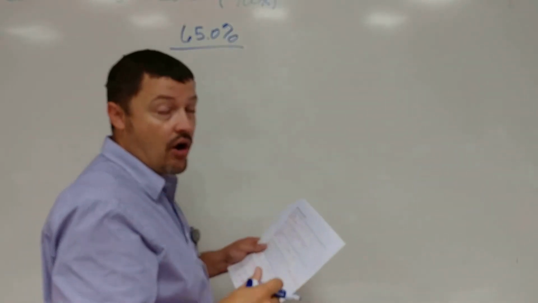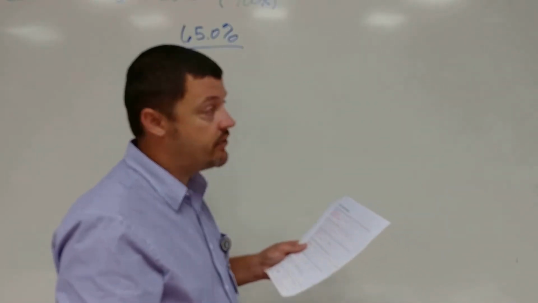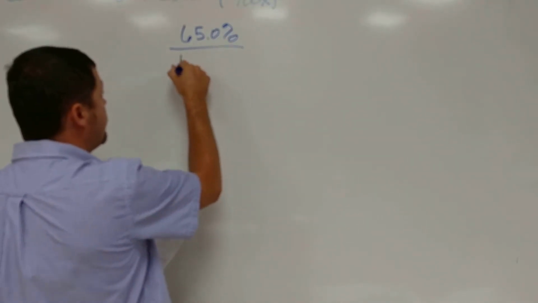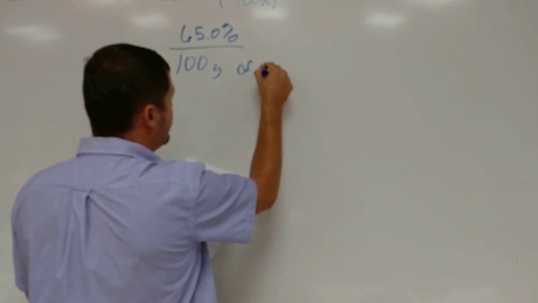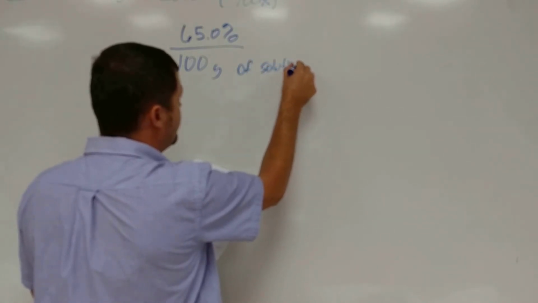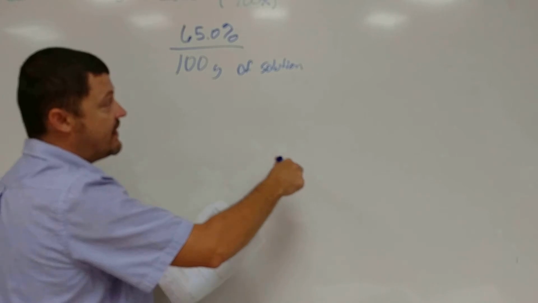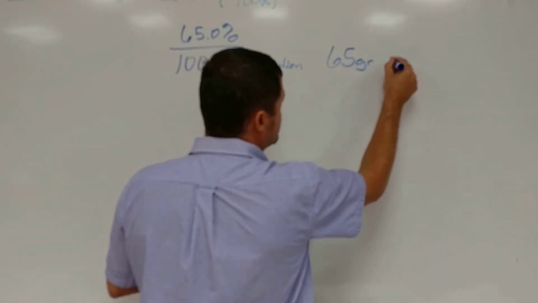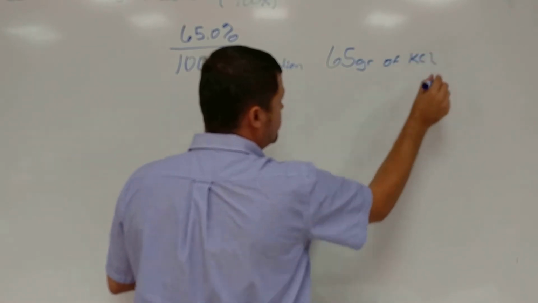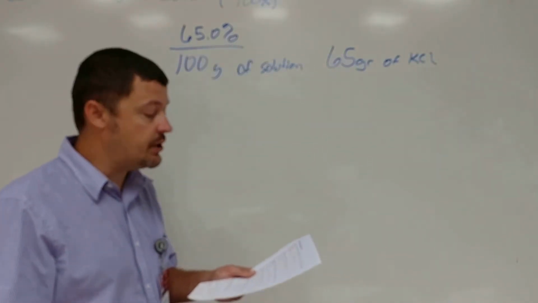It's always going to be over 100. So with a weight over weight, we know that it's going to be 100 grams of solution. And then when you divide that out, that's going to leave you with 65 grams of KCl. Pretty simple. Those aren't too bad, okay?